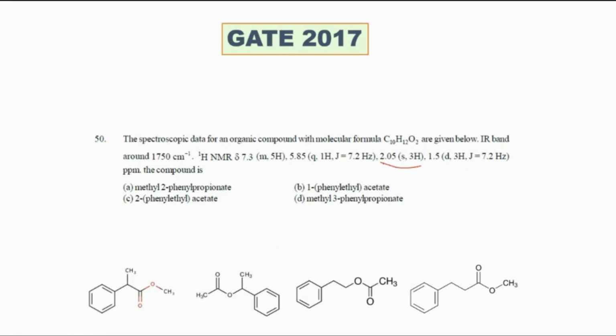So you have 2.05 singlet 3 hydrogens, so I can rule out option D and option A. Then I have a quartet and a doublet, so this is gone already. Now I have these two options. This has CH2 which is triplet and triplet, so this is also out. So C is also out. So the answer is option B. Have you got the answer? Can you approach it? Would you be able to solve it if asked in the CSIR exam? Yes, ma'am. Okay.